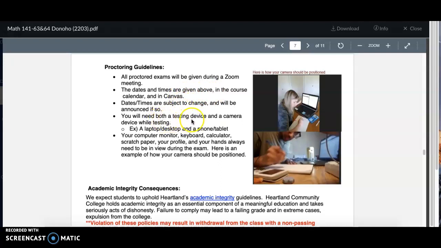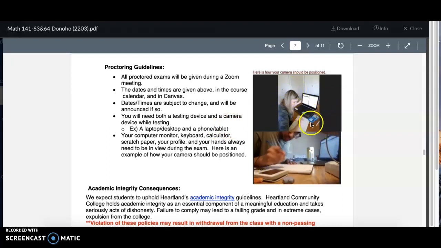You do need both a testing device and a camera. So, for example, if you're taking your test on your laptop or desktop, you can't also be Zooming me from that device. You need a phone or a tablet, a secondary device, to be your camera. You can see here a couple different images of how you should position your camera.